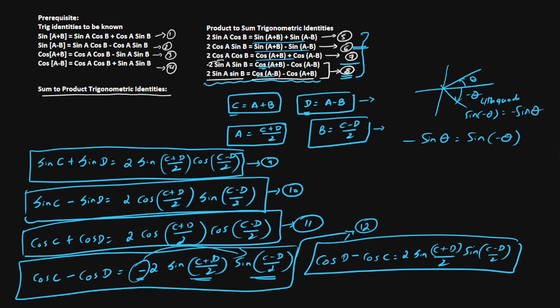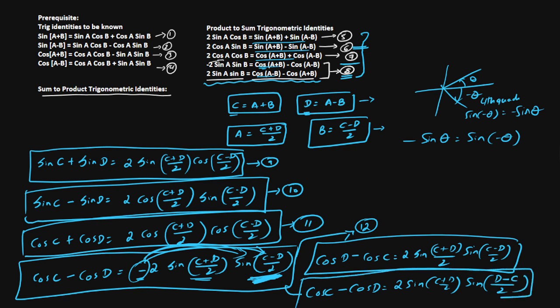So if I carry this minus in equation number 8 into the sine here, I can write cos C minus cos D equals 2 sin C plus D by 2 sin, carrying this minus inside the sine of C minus D by 2, so I will get D minus C by 2. So this is also another way of writing the same identity.